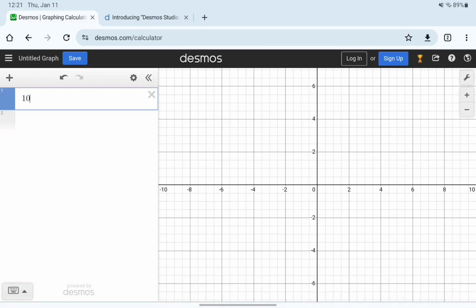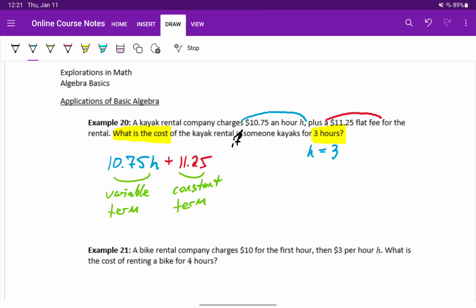We could do that again with any type of calculator, or we can turn over to Desmos and type in that 10.75 times 3 plus 11.25 to get 43.5 as our solution, or as our answer. So when we plug in h equals 3, we get a value of 43.5.